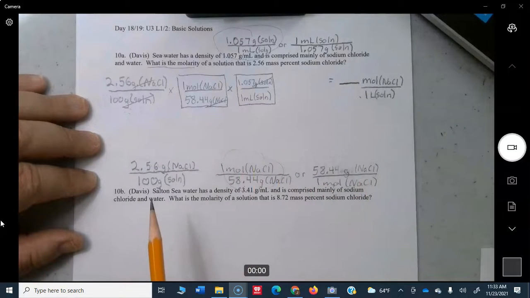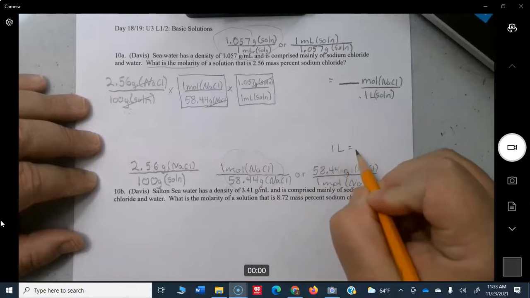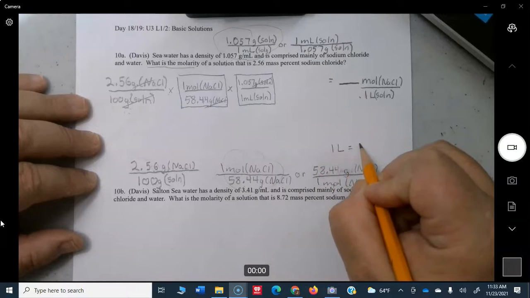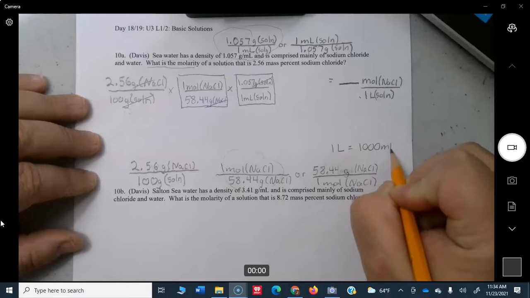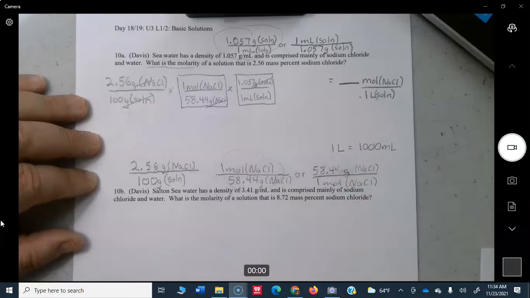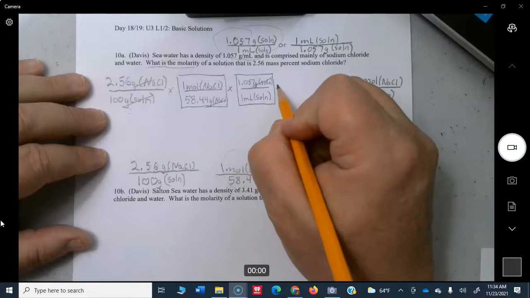We need to get to liters. And of course, it's this same conversion we've been using. Now, this liters to milliliters applies to any substance. 1 liter equals 1,000 milliliters is any substance, but we're interested in the solution. So that's the way we're going to write it.